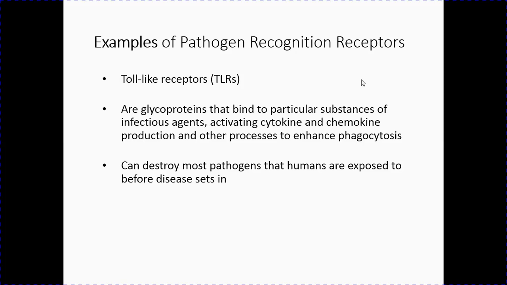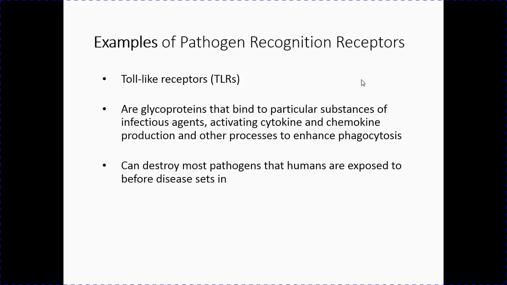And so if you look at this table, there's all different things that are going to be found on the surfaces of cells that can be identified by toll-like receptors specifically. There are going to be other toll-like receptors that we're going to see as we go through this. But for now, we're concentrating on these examples of pathogen recognition receptors.